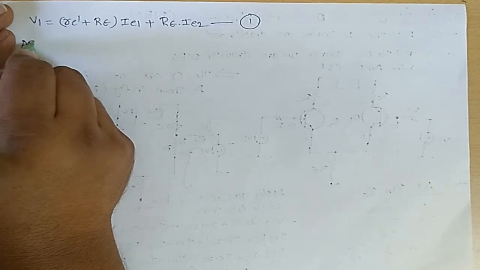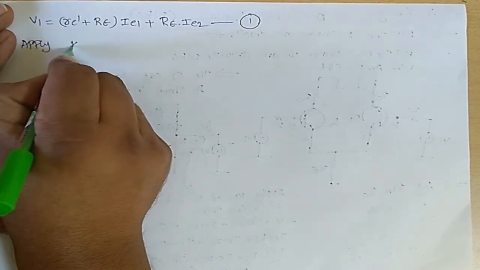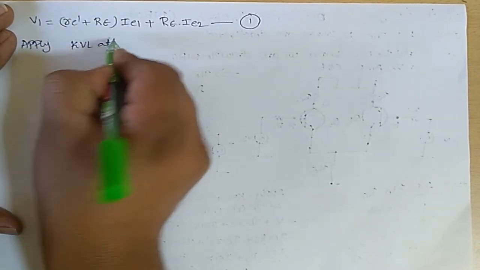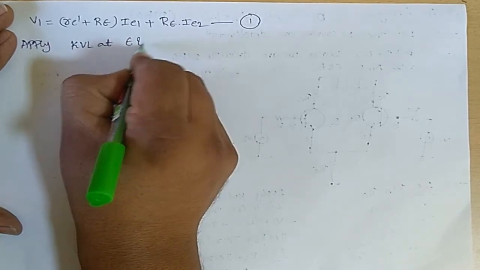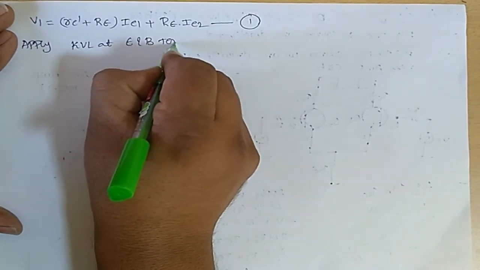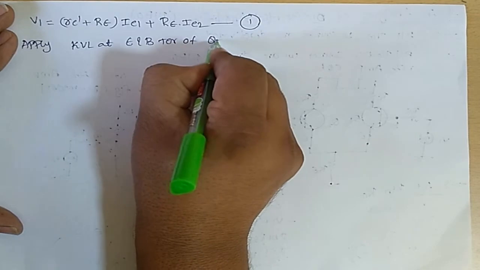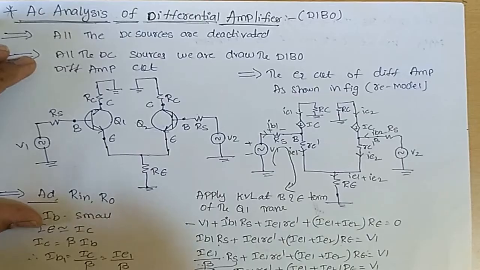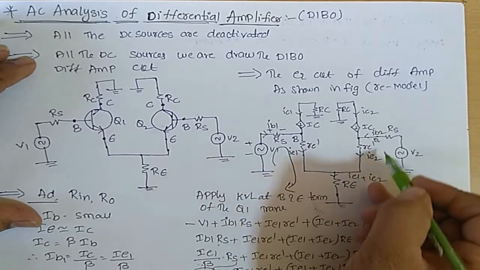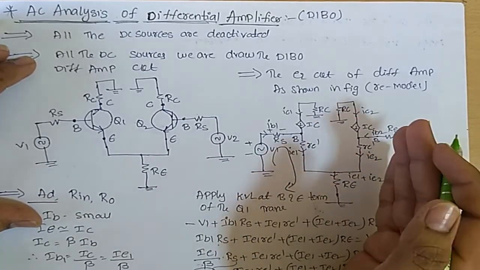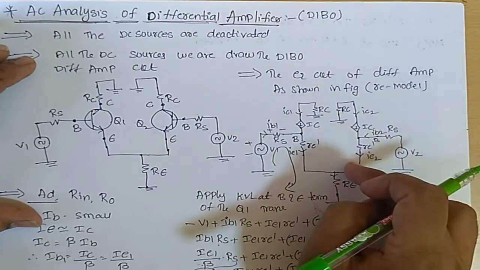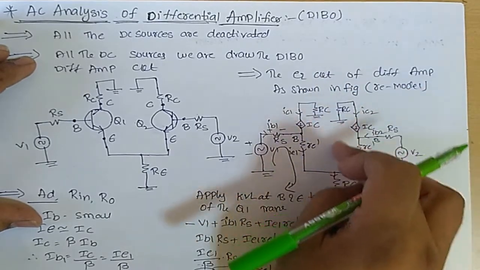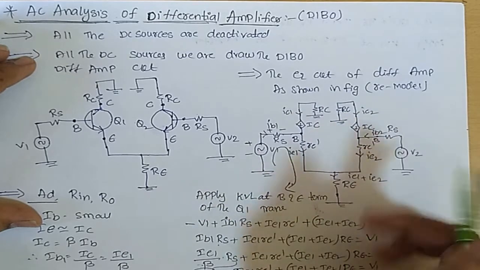Similarly, apply KVL at the emitter and base terminals of the Q2 transistor, in this circuit.